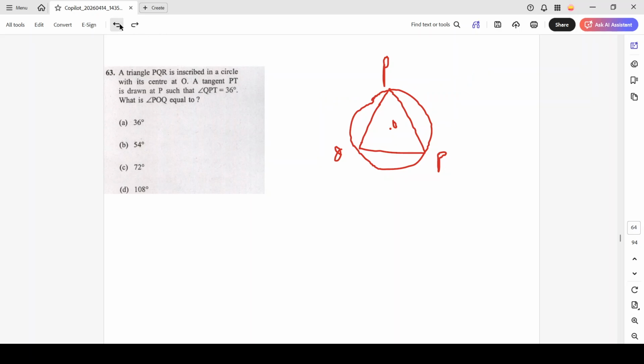That means T will be on the side of Q, because the angle is less than 90 degrees. So this will be T. This is 36. Then what is the value of POQ?